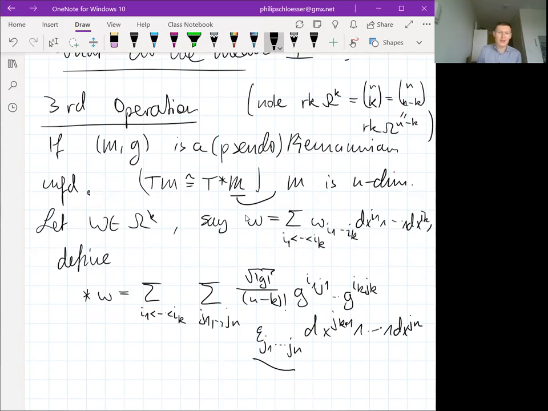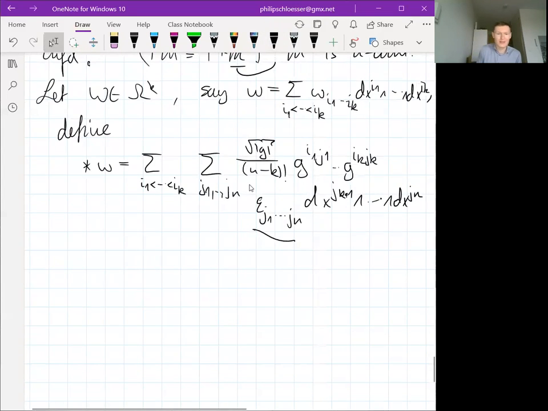So this epsilon is the Levi-Civita symbol, meaning the completely alternating symbol. Basically epsilon_{12...n} is equal to 1, and alternating.